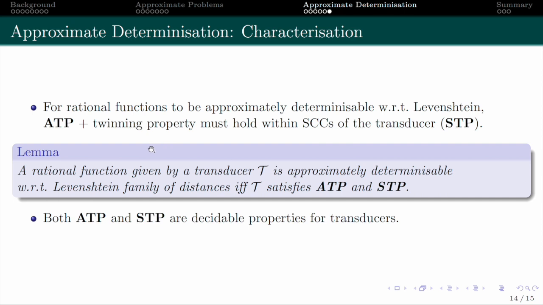That is, the twinning property must hold within the strongly connected components of the transducer. Intuitively, you require no edits within the strongly connected components of the transducers for the rational function to be approximately determinizable. Both ATP and STP are shown to be decidable properties for transducers, and hence approximate determinization is decidable.